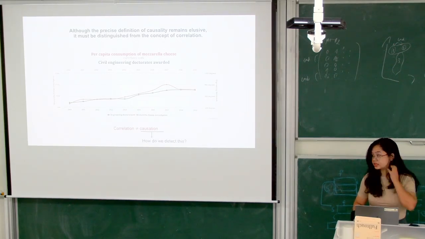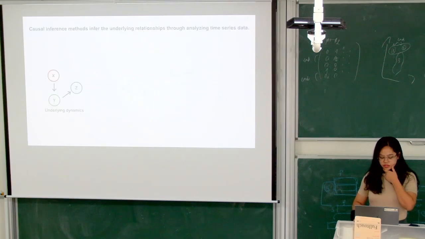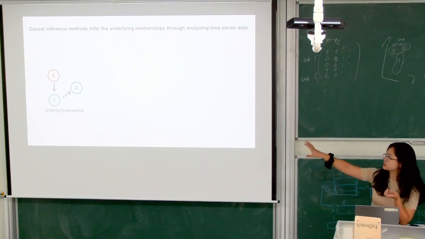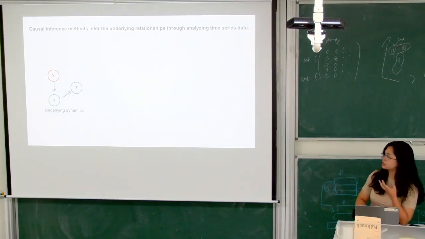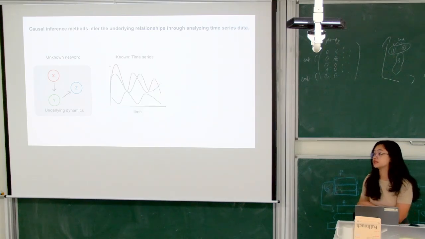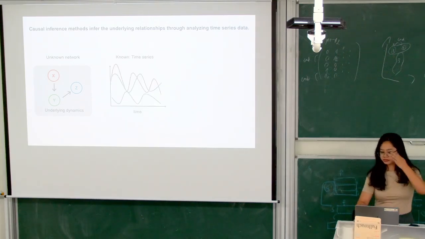But how do we detect causation? In dynamical systems, there's always an underlying dynamics between specific variables. Let's say, for example, x affects y, y affects z. But this underlying dynamics is usually unknown, and what we only know is the time series data of these variables.